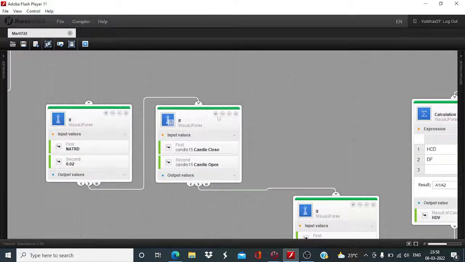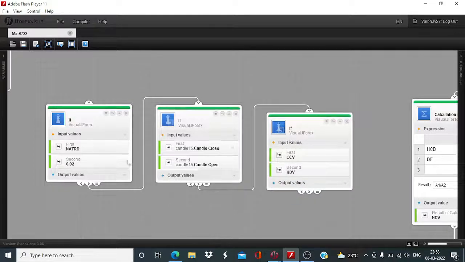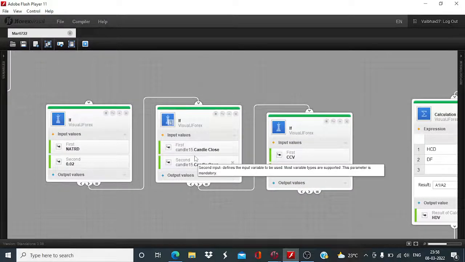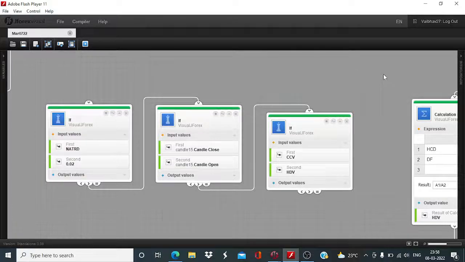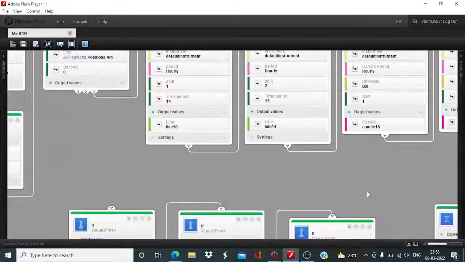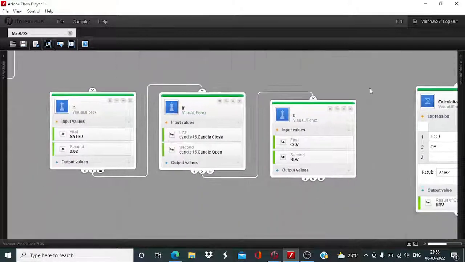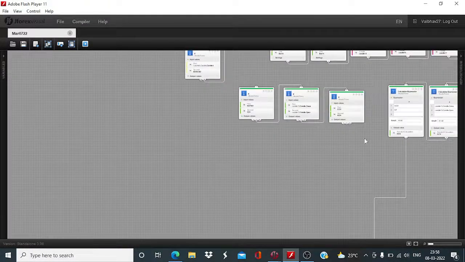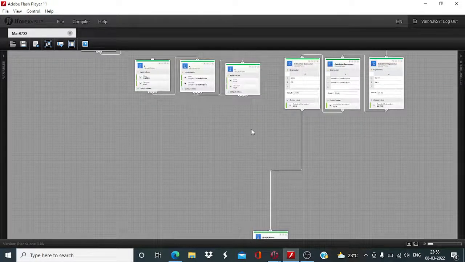We have now conditions involving the NATR and then the price volatility of last hourly candle. So I think we are good to add the last two conditions prior to the execution of the trade.